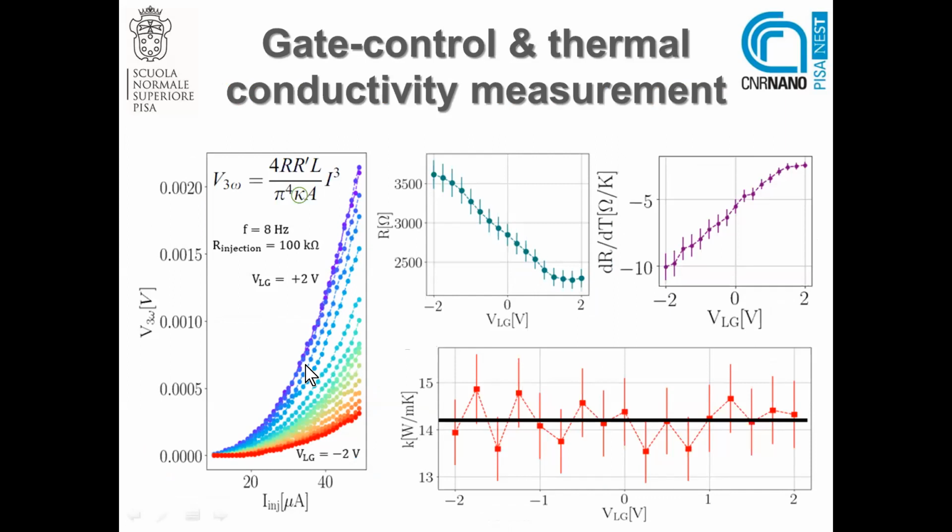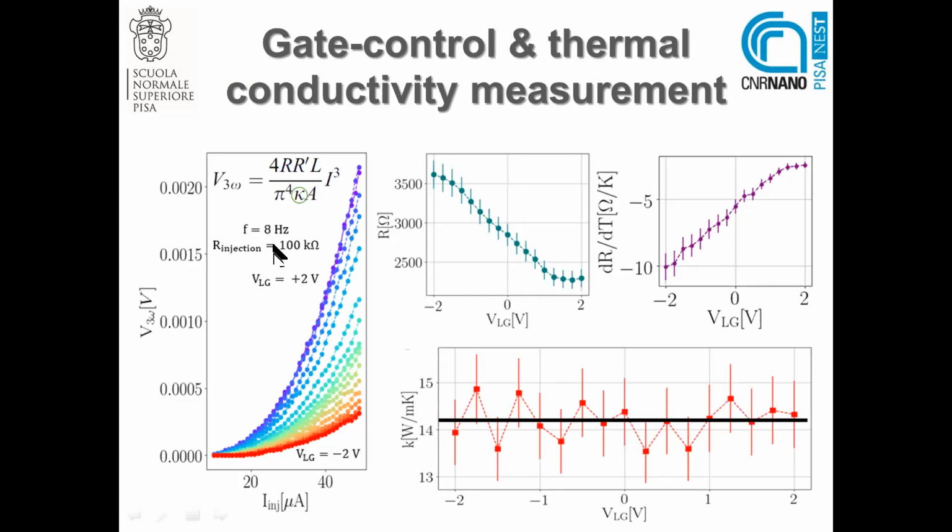So on the left panel, what you can see is a plot of the third harmonic of the voltage picked up in the nanowire as a function of the feeding current. As you see, cubic response is expected, and in fact we measure this cubic response for many different liquid gate voltages applied to the ionic liquid.